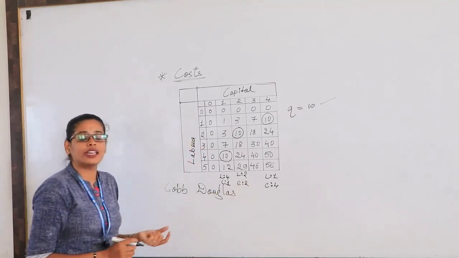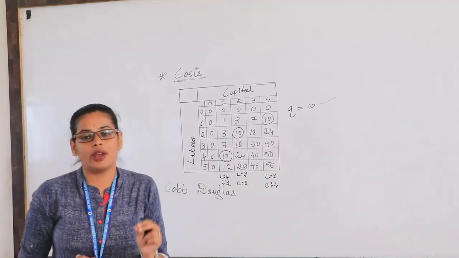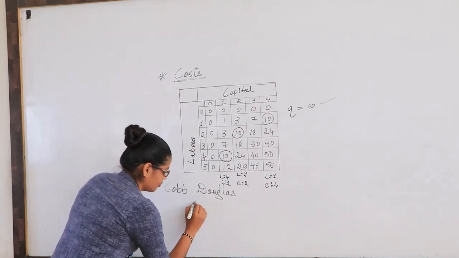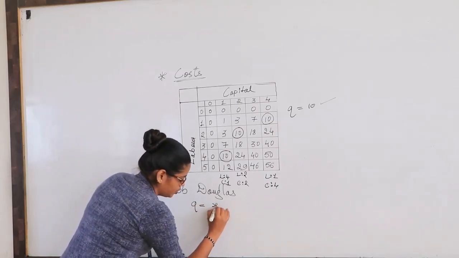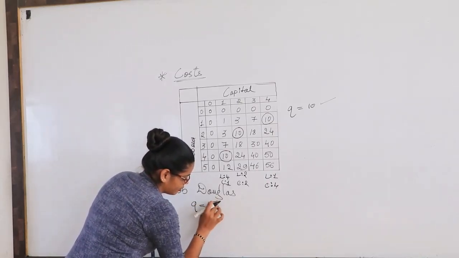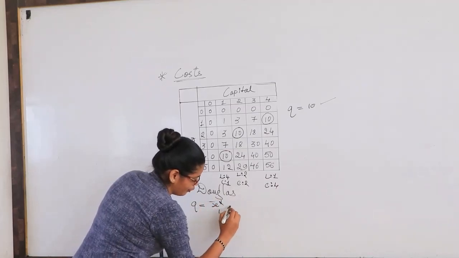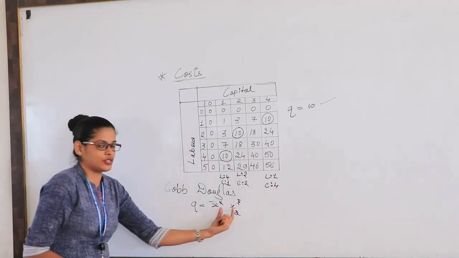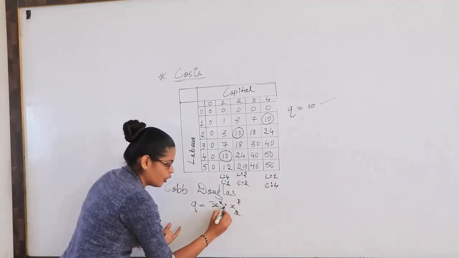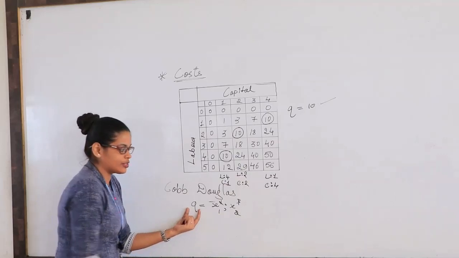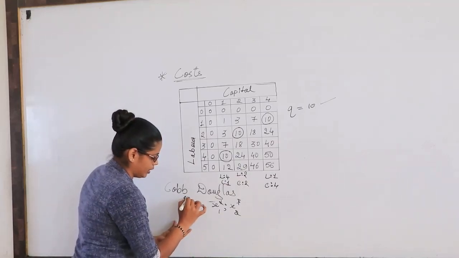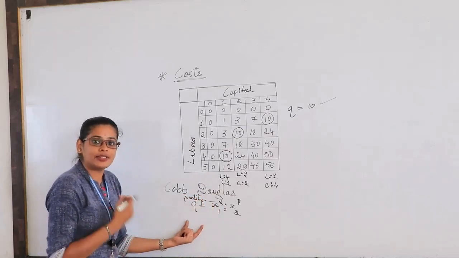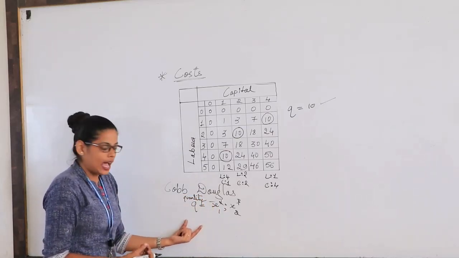He has also given the equation for the production combination, which is Q equal to X raised to alpha and X raised to beta. What is this Q? Q refers to the quantity. We have already discussed this. Q is nothing but the quantity of output the firm is going to produce.